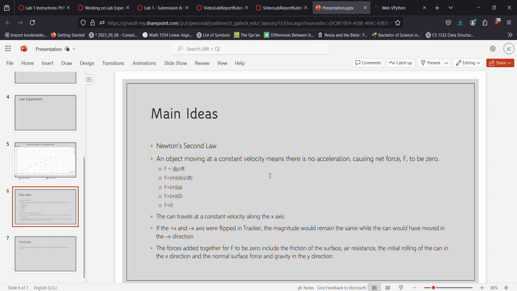The main idea in this experiment is Newton's second law, which allows you to derive the net force of the object. Assuming that the acceleration will be zero, as it would be if there was constant velocity, there would be no net force acting on the can, and the can will travel at a constant velocity along the x-axis.